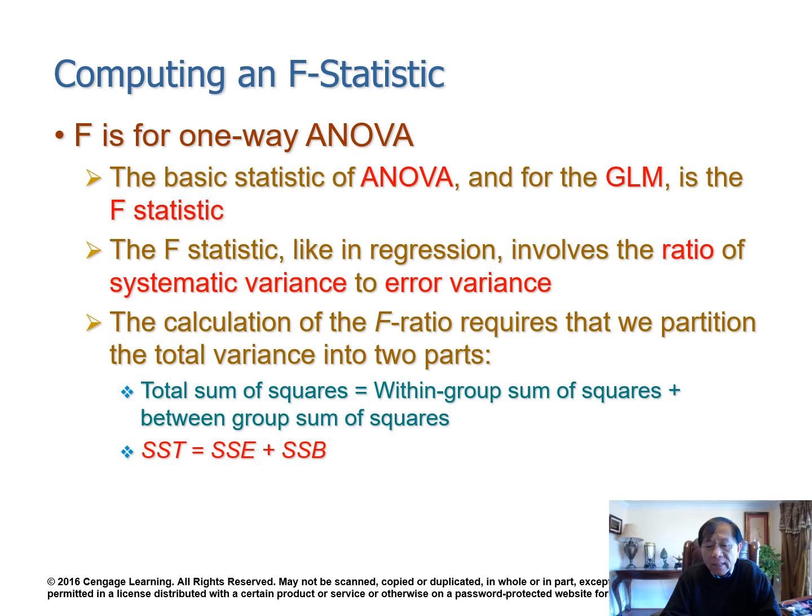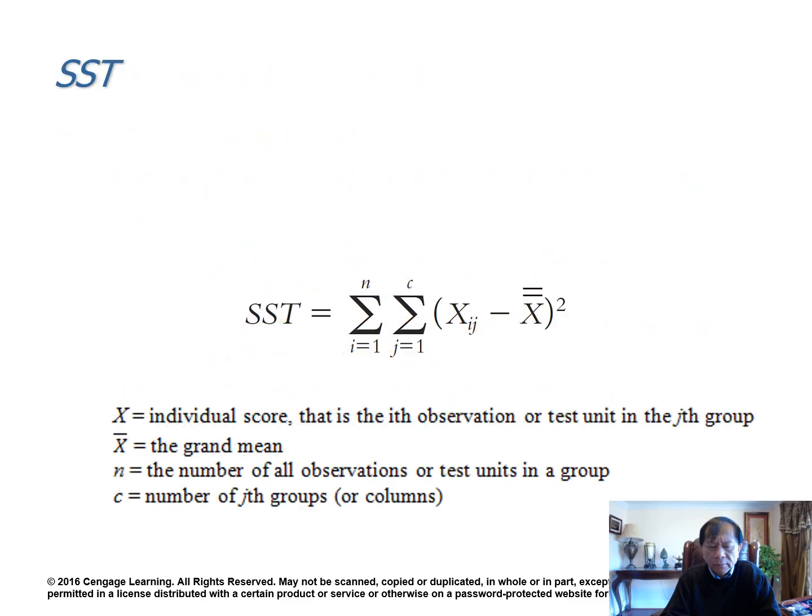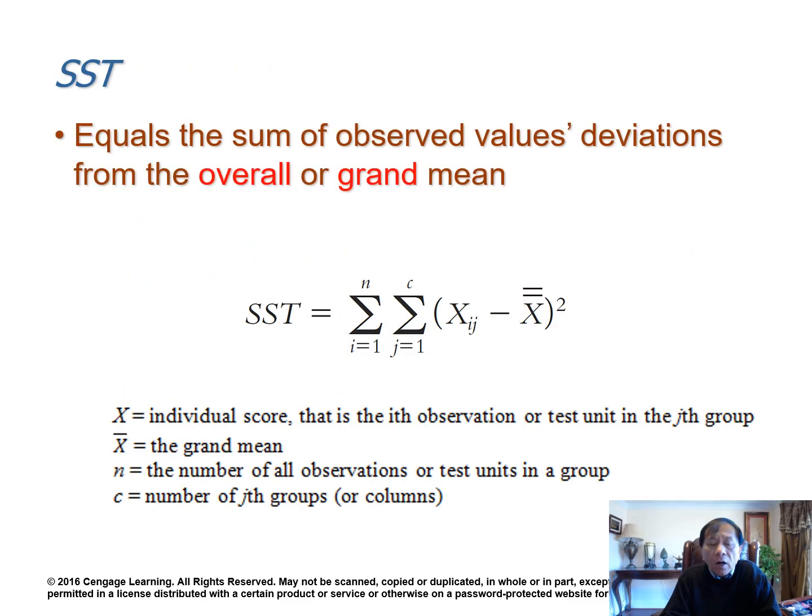SST is the sum of squares total, SSE is the sum of squares error, or within the group, and SSB is the sum of squares between groups.